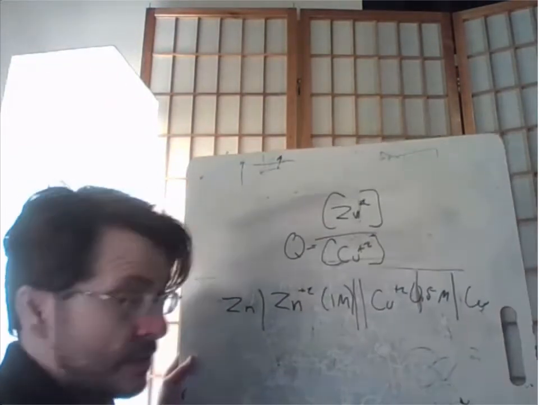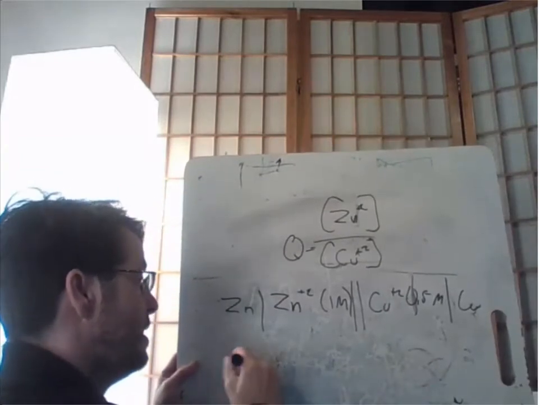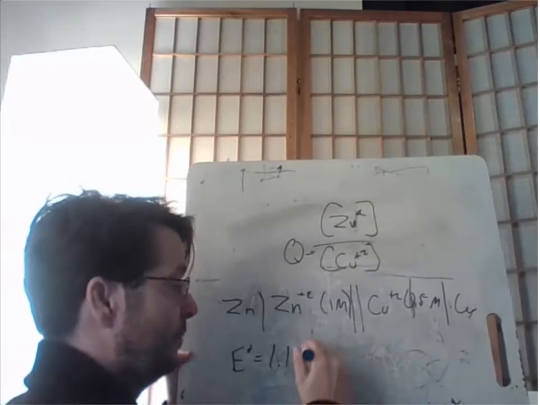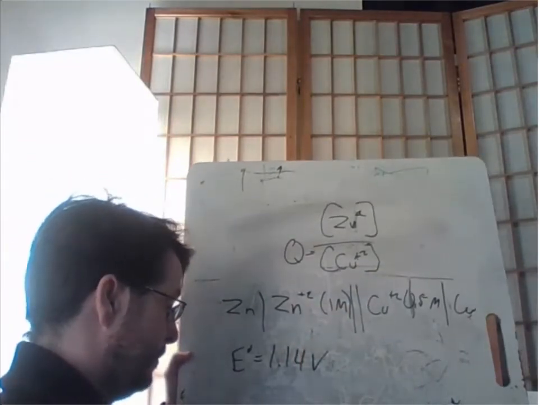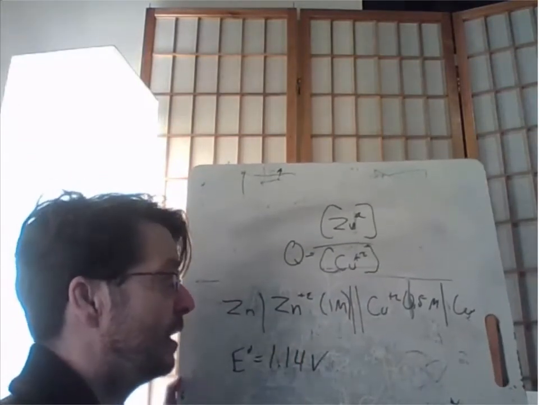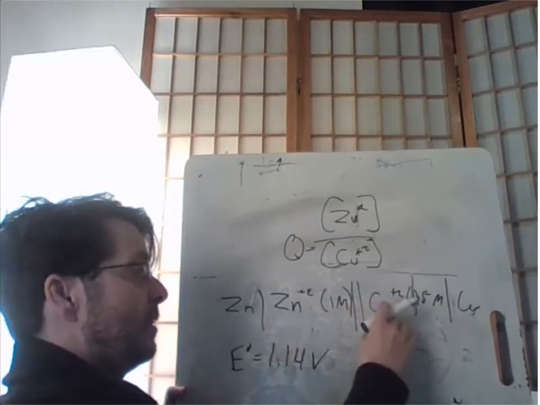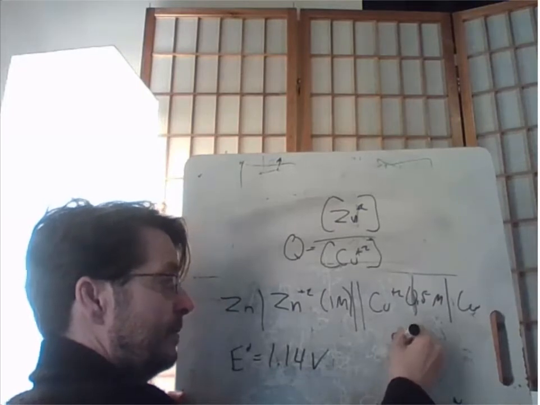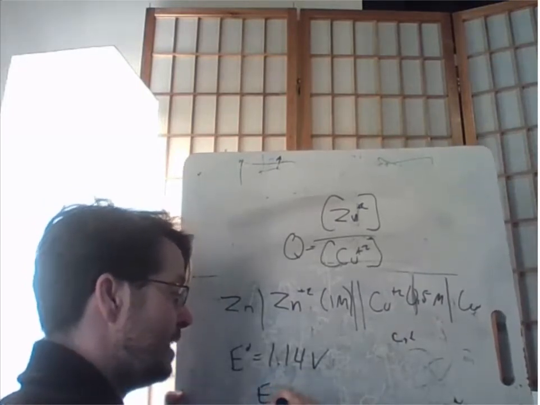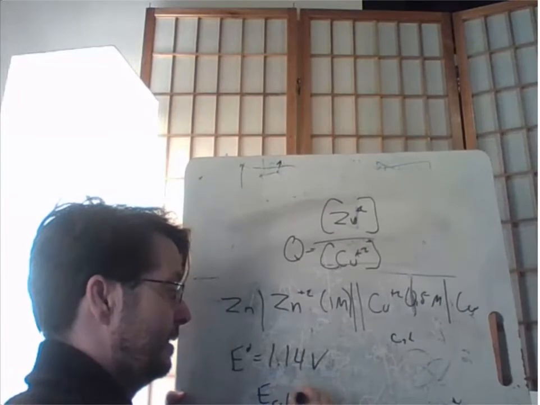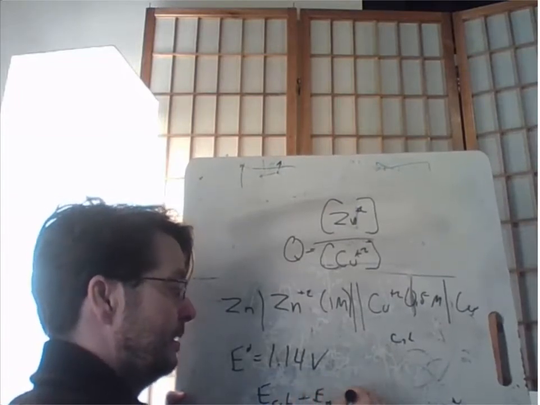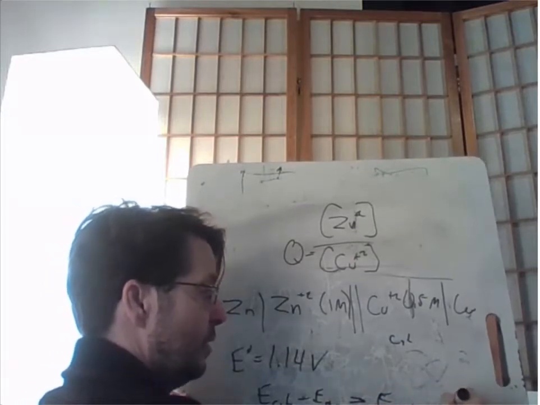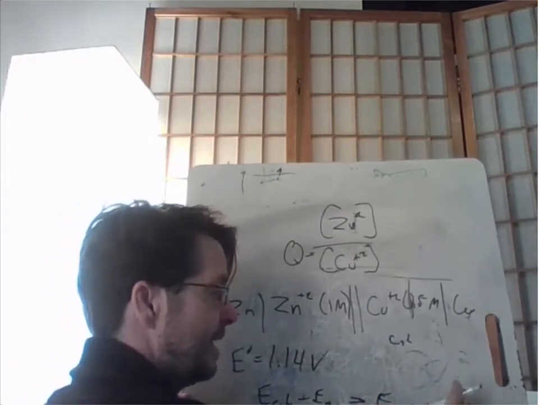We see that the standard cell potential, E naught, is equal to 1.14. We know that from our previous example, but we could look it up. We could look at the zinc couple and the copper couple, and this is going to be the cathode. So we could use E cathode minus E anode equals E cell, and you should get positive 1.14 volts, and we did that in a previous example.